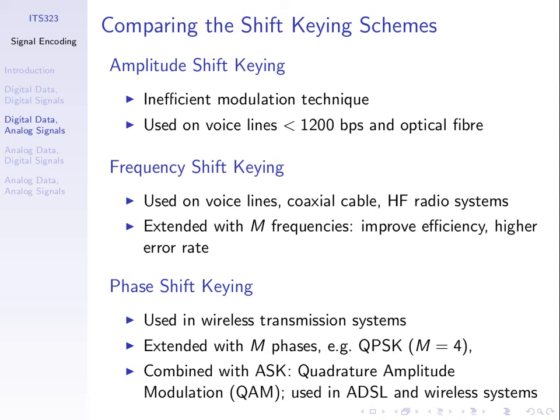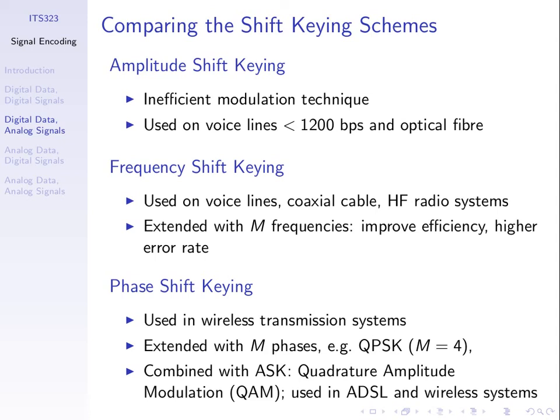And instead of just using, for example, 2 phases, BPSK for binary, you can use, say, 4 phases. And you get Q for quaternary, meaning 4 phases. And a common thing is to combine amplitude shift keying with phase shift keying.